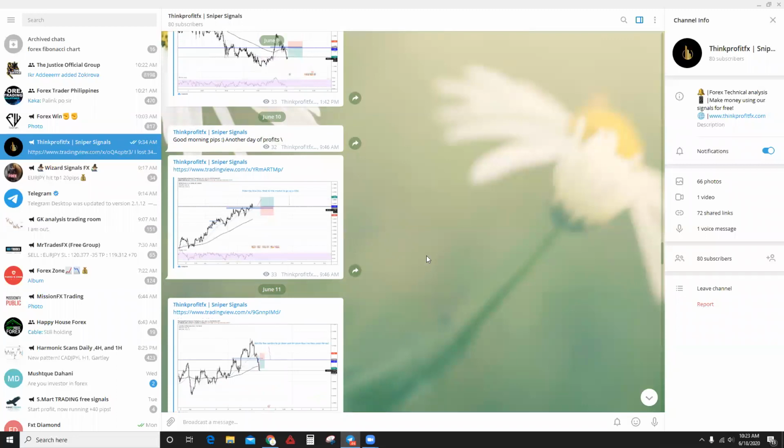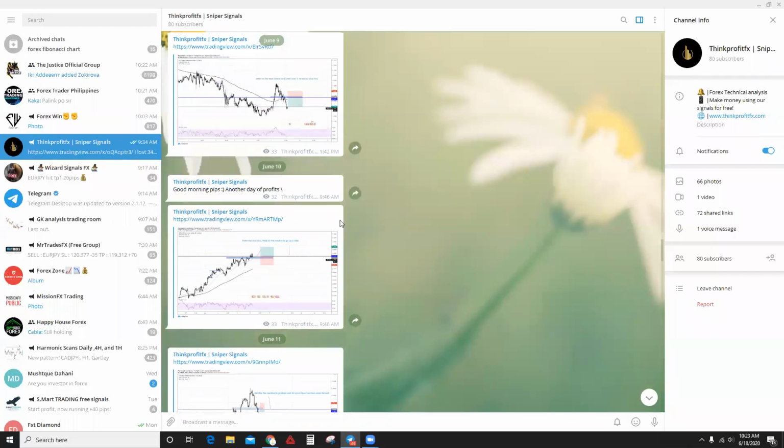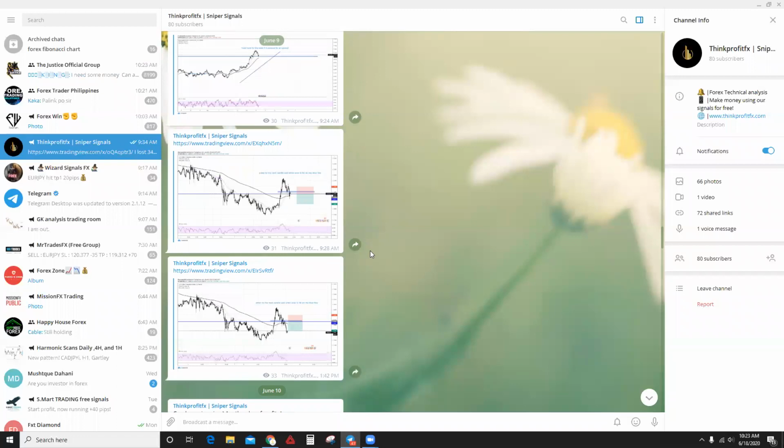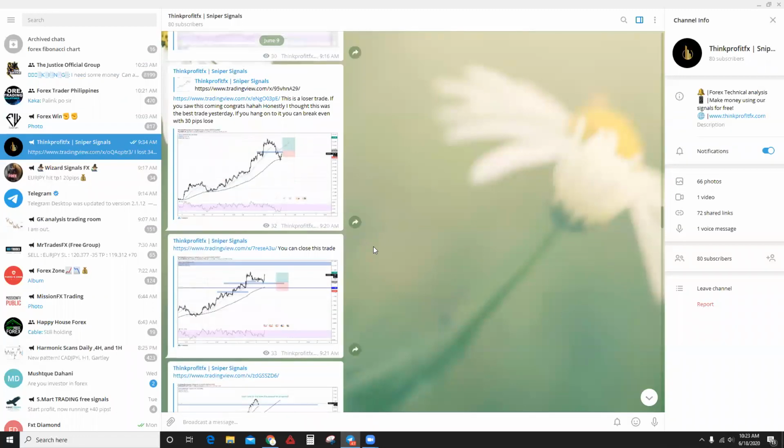Kasi kung ganun lang gusto nyo, yung mga profit nyo, parang ganun rin. If you treat the forex market as a hobby, yung mga results mo, hobby rin. Hindi yan talaga seryoso, right?